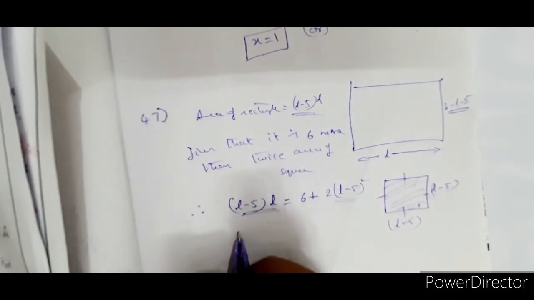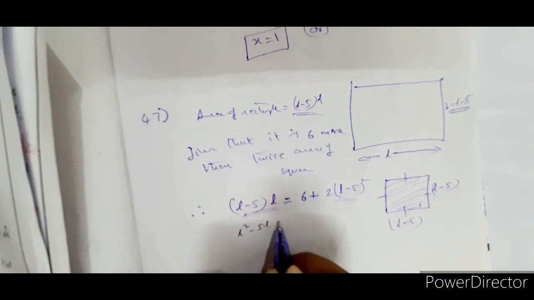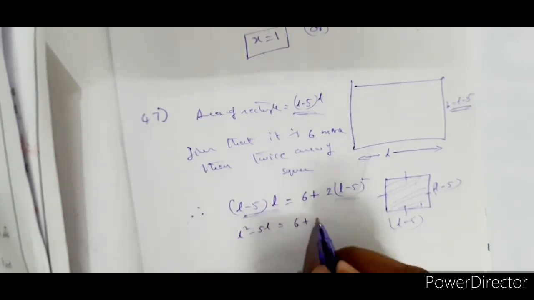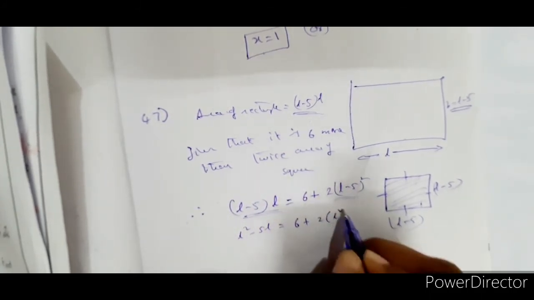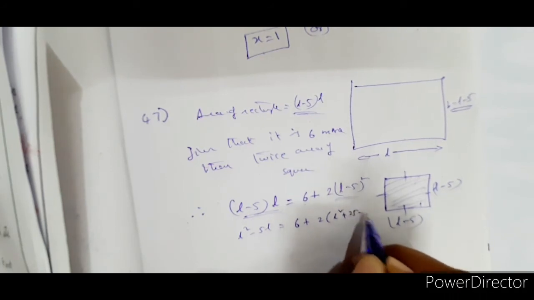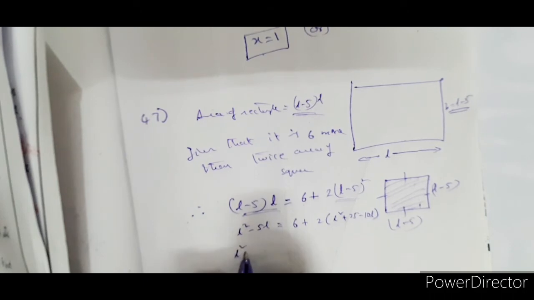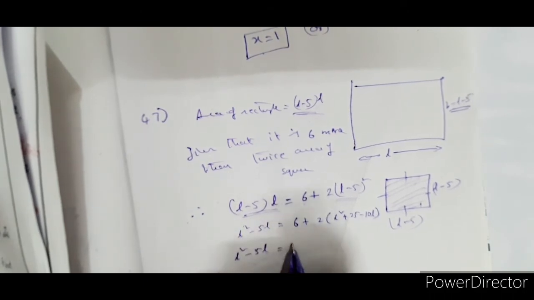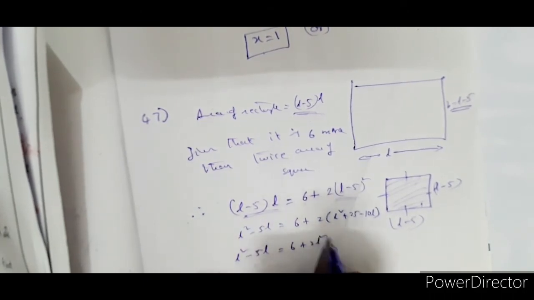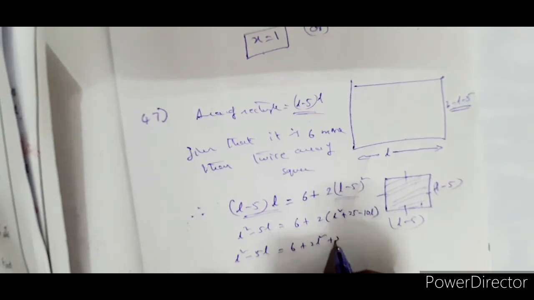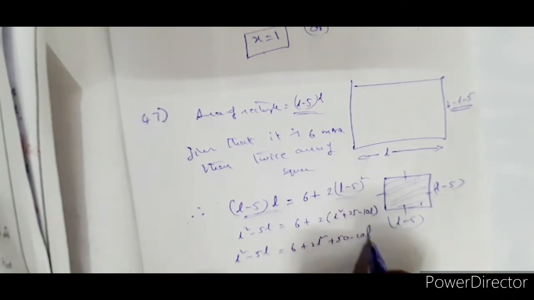Right, so now let us expand this one. L square minus 5L is equal to 6 plus 2 into L square plus 25 minus 10L, which is 6 plus 2L square plus 50 minus 20L.